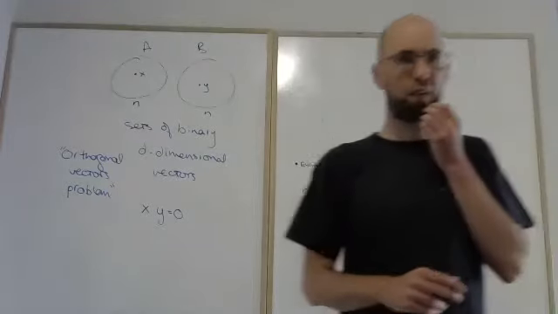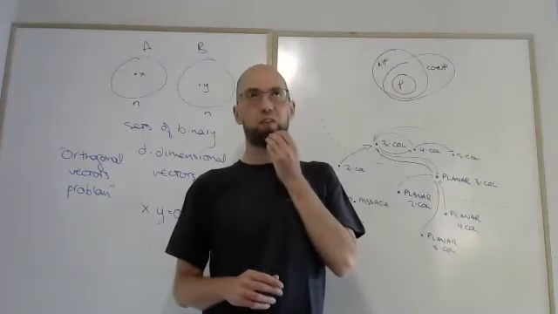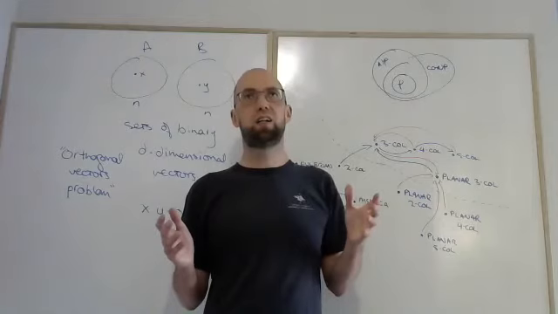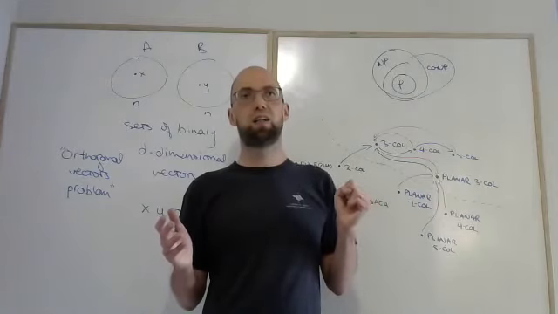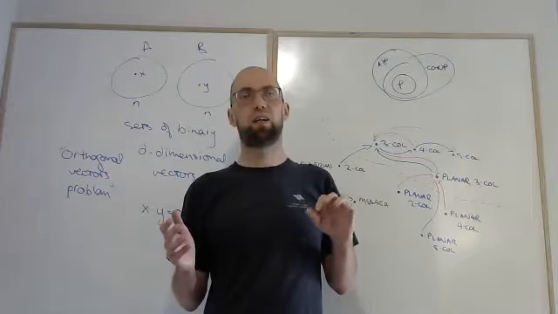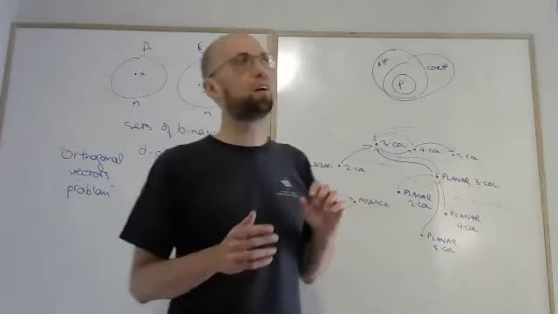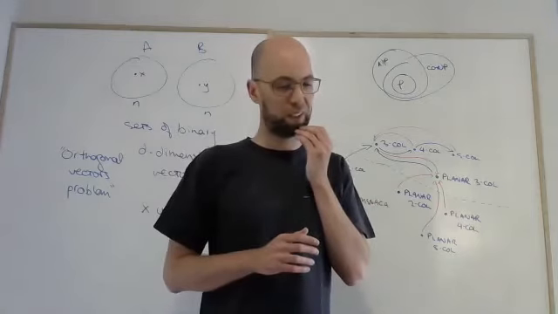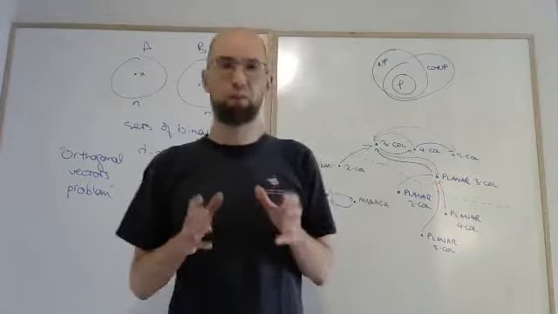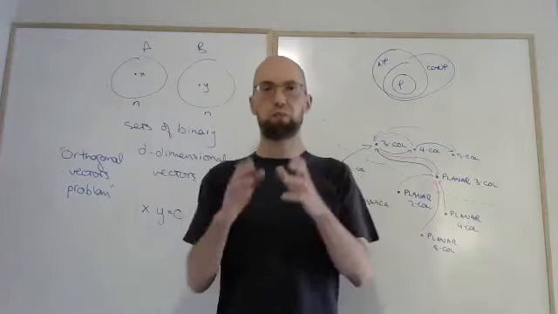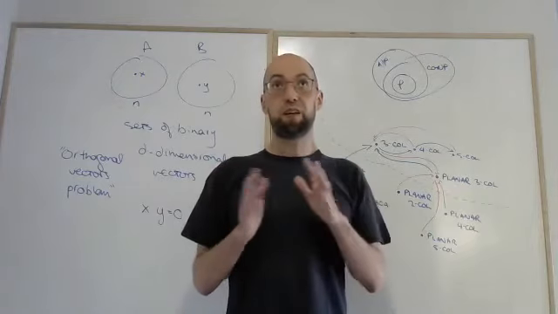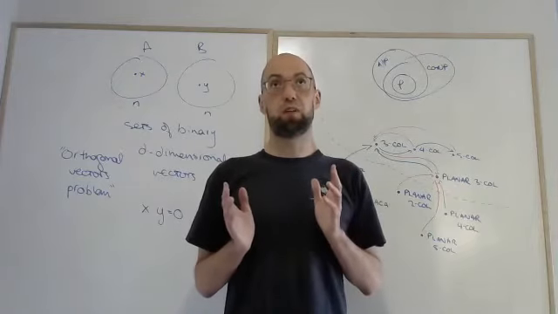Let me just see if I can remember it. So basically what you do is, given your Boolean formula, you split the variables into two groups.